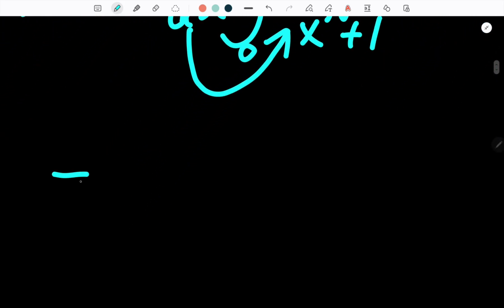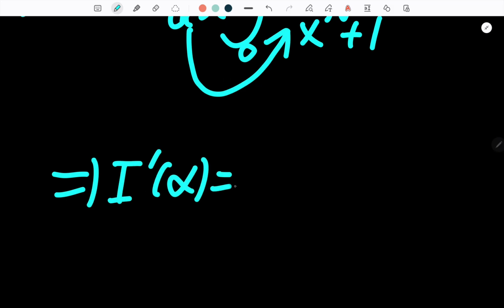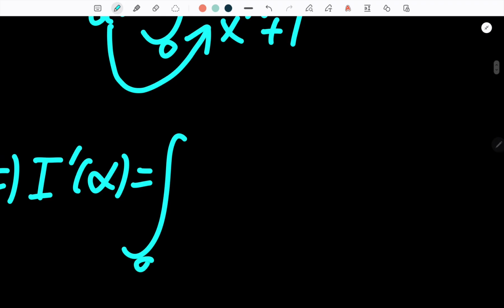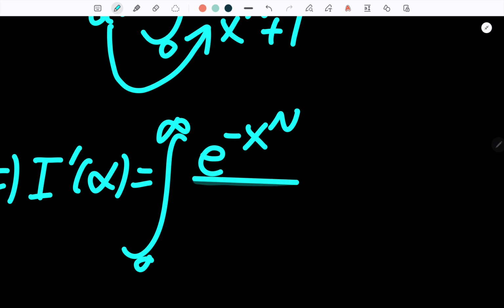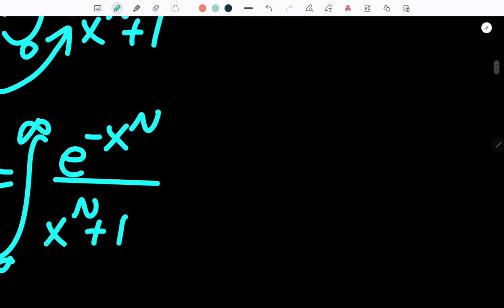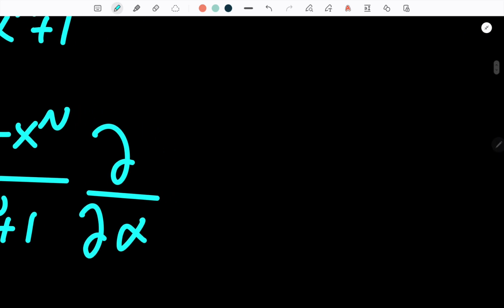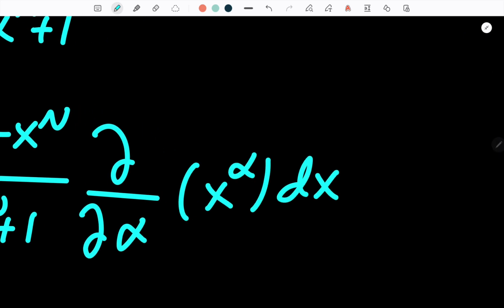So that means that I prime of alpha is going to be the integral from 0 to infinity of e to the negative x to the n divided by x to the n plus 1, and then the partial derivative of x to the alpha dx.